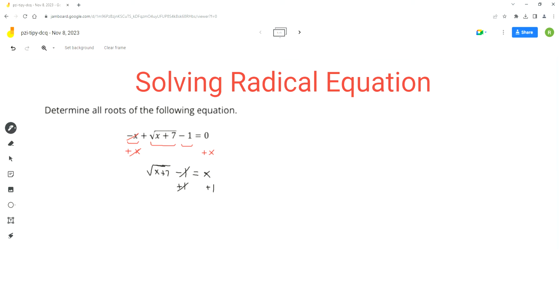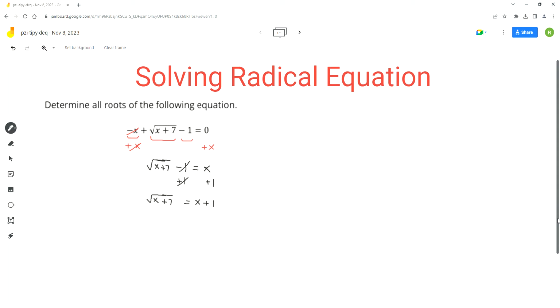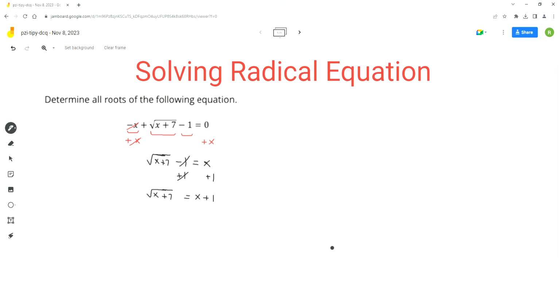So we are left with square root of x plus 7 equals x plus 1. Now we have to get rid of this square root on the left side of the equation by applying square to both sides of the equation.